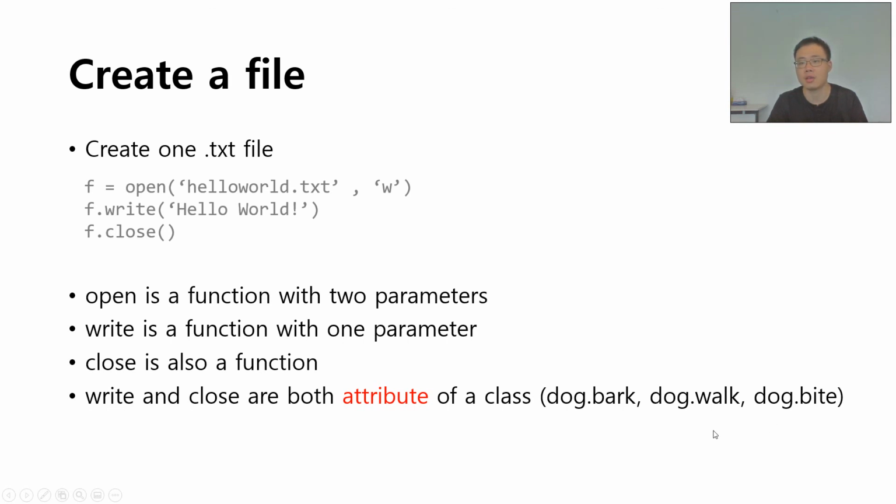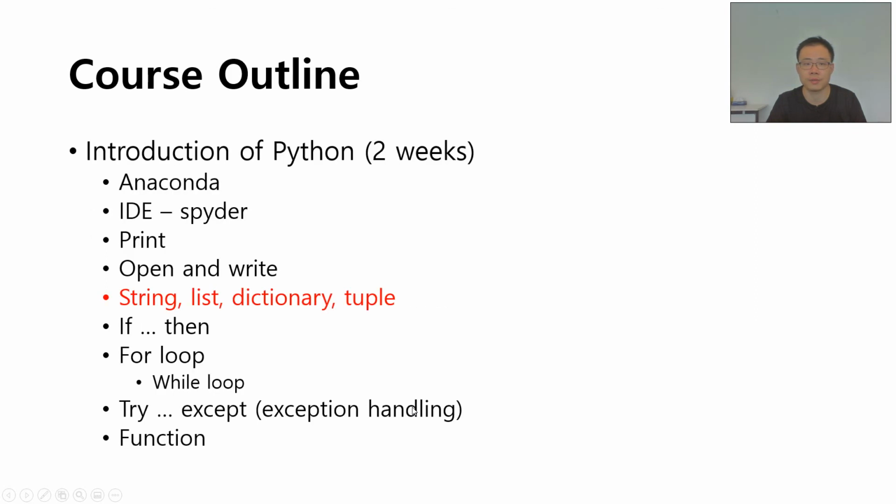Then you can give a specific object under this class, the realization. Say we create Snoopy under the class dog, and we can use all the functions of this class for Snoopy. Then we can use Snoopy.bark, Snoopy.walk, Snoopy.bite. So write and close are both attributes of a class.